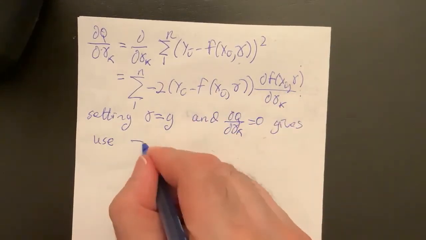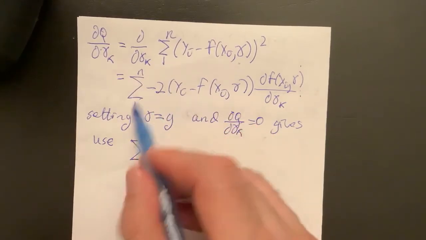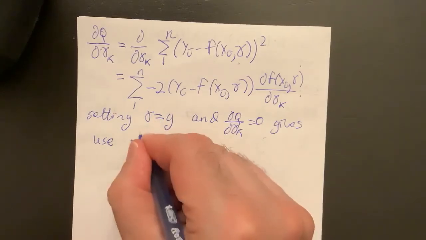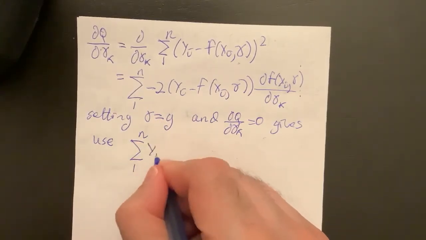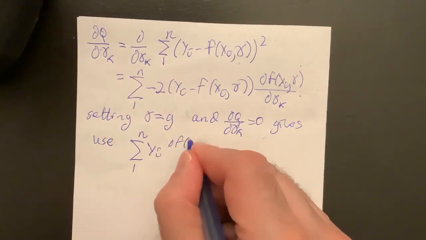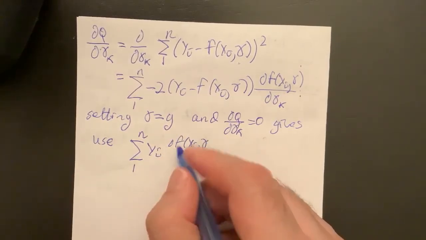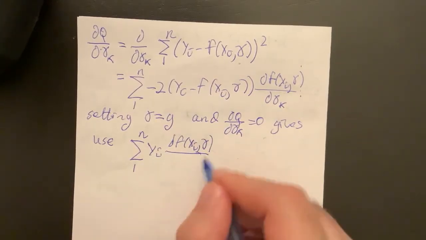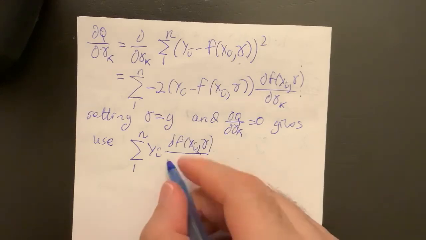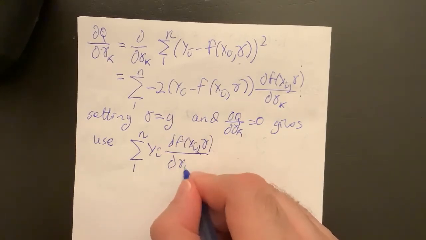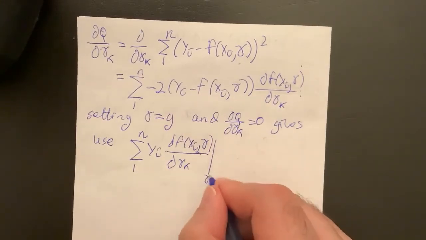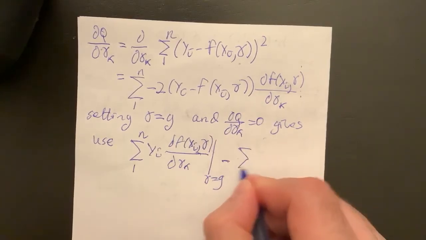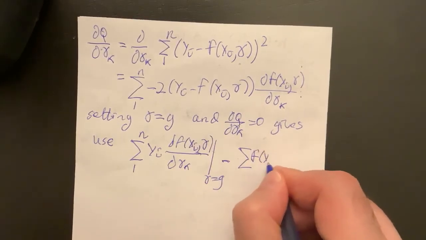I have the summation. The 2 can get thrown away because it's equal to 0. The negative can get thrown away. So I have the sum from 1 to n of yi times df(xi, gamma) over d gamma k, which I'll evaluate at gamma equals g, minus the summation of f(xi, g).